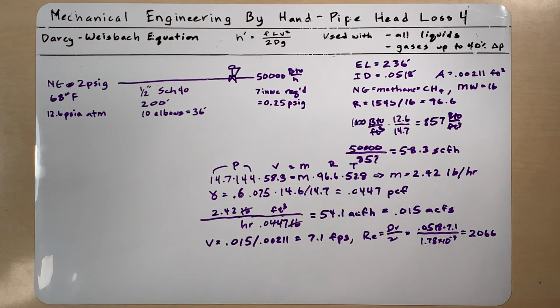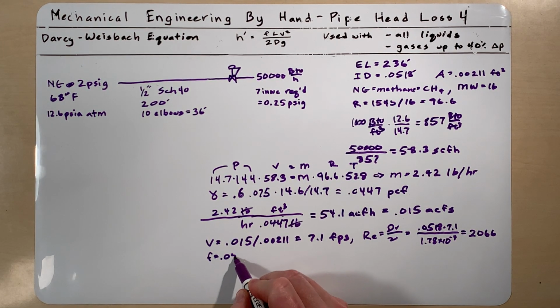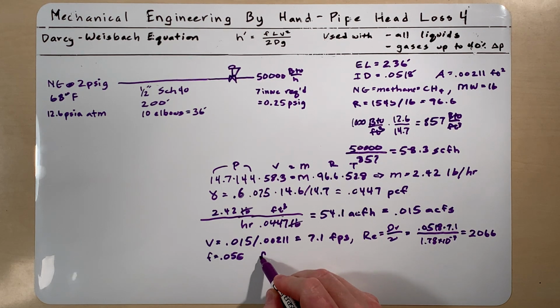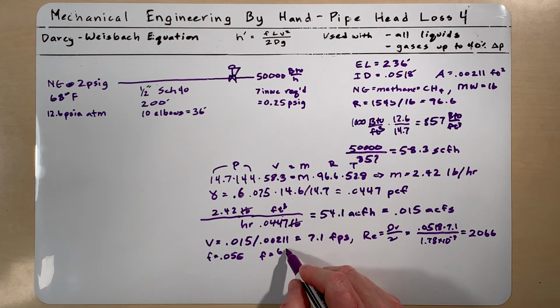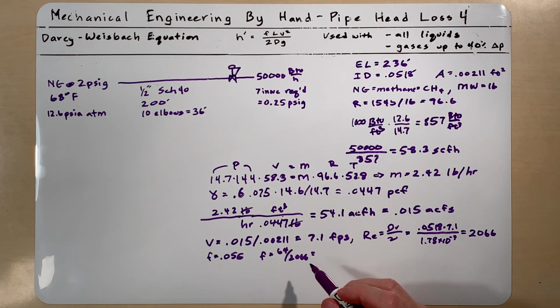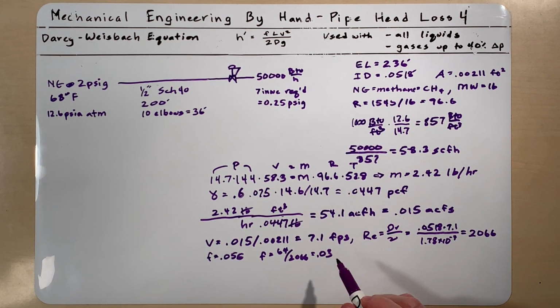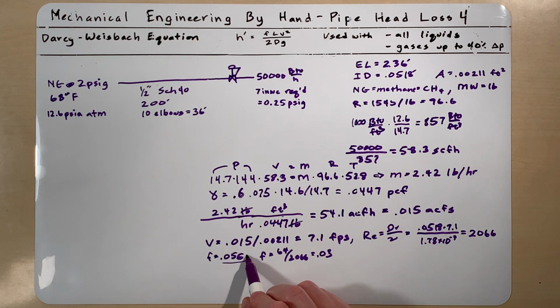So the first option we looked at was 0.055, and the other option was 64 over 2066, which is equal to 0.03. So this one would give us a lower head loss value, so I'm going to use this 0.055.